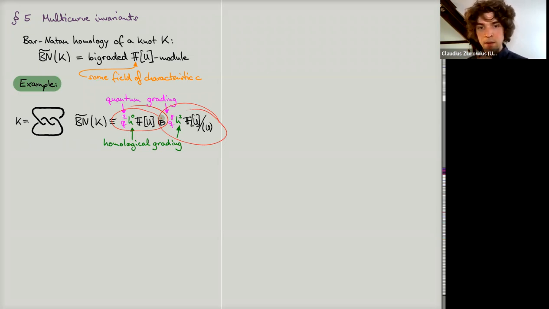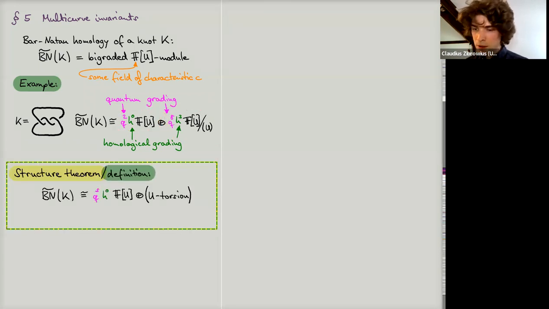This is the general structure of Bar-Natan homology, which one can prove. We have the following structure theorem, which says we always have one free summand. Maybe not canonical, but we have one free summand, and then the rest is torsion. The free summand always lives in homological grading 0 for knots.